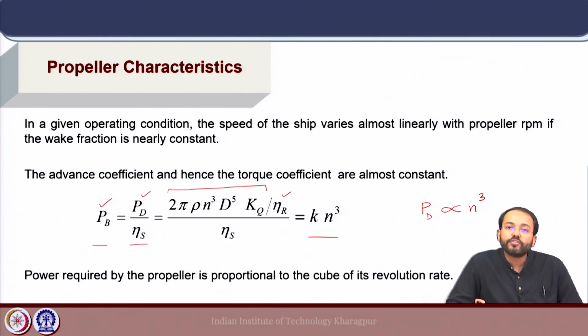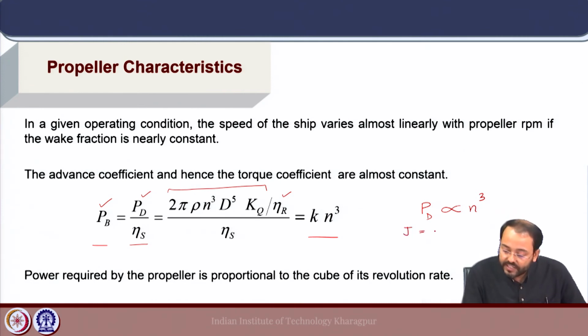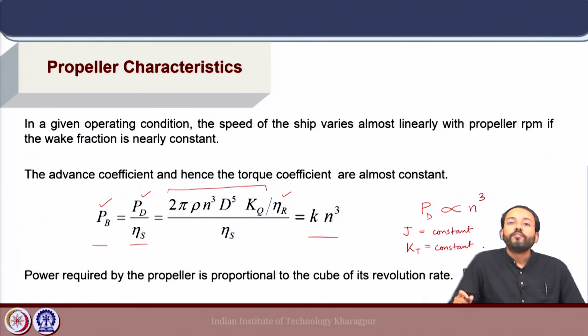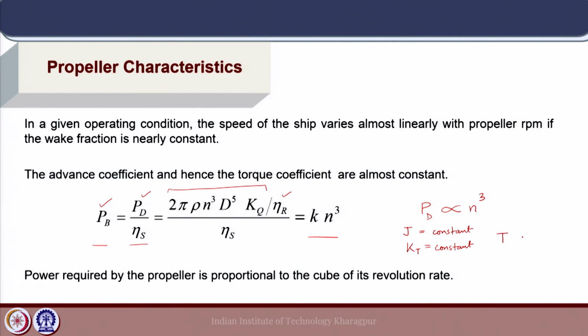If that advance coefficient J is constant, Kt will also be constant. For Kt to be constant, the thrust will be proportional to n square.